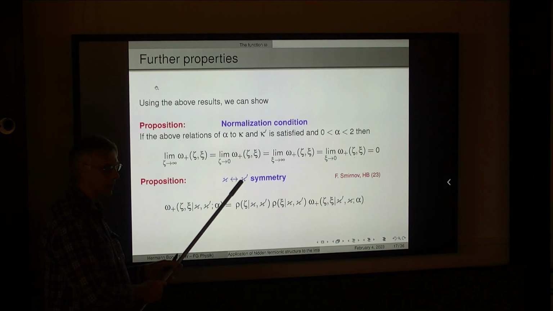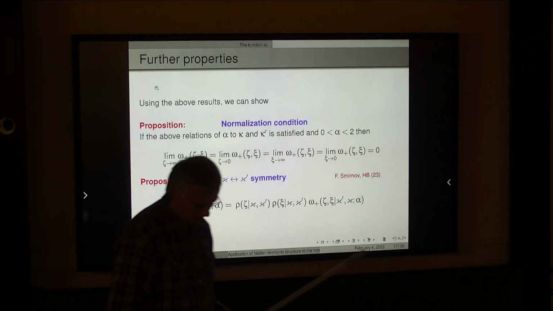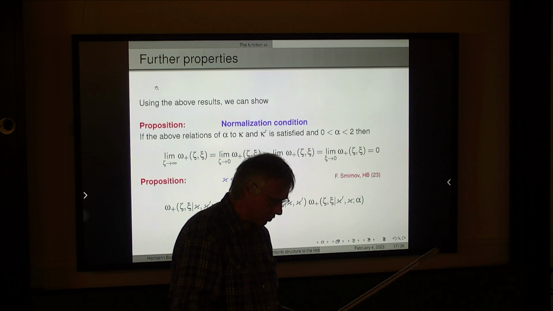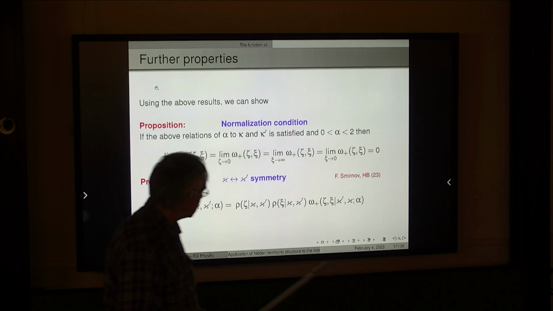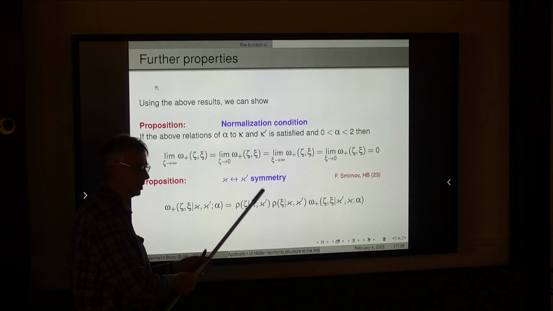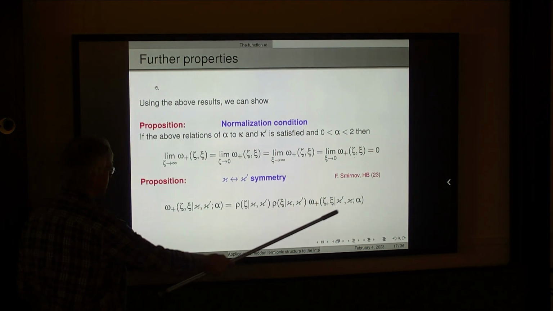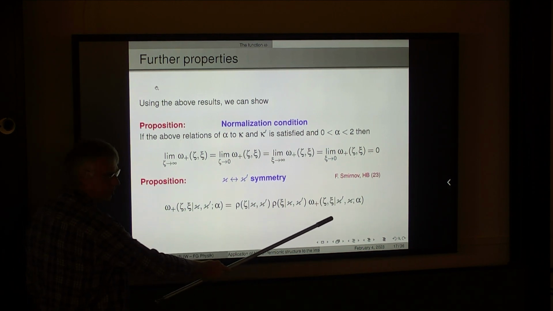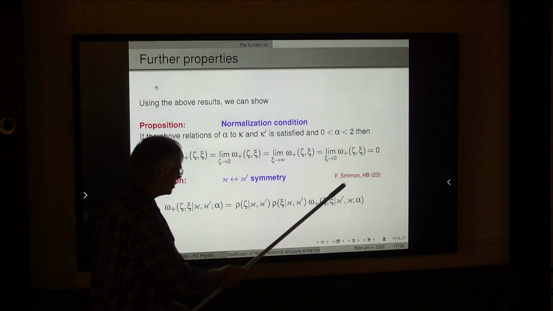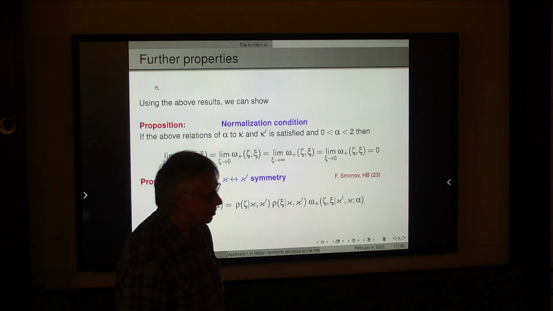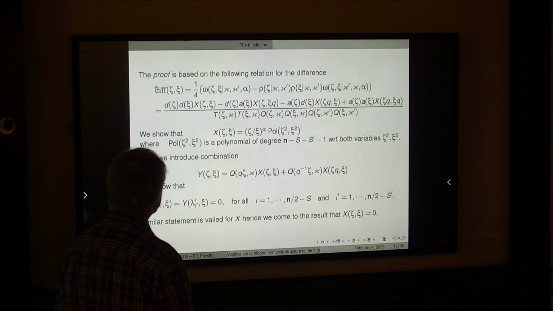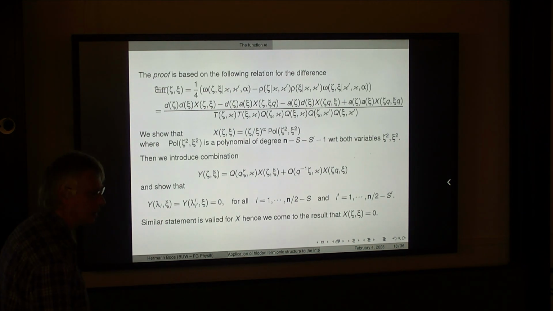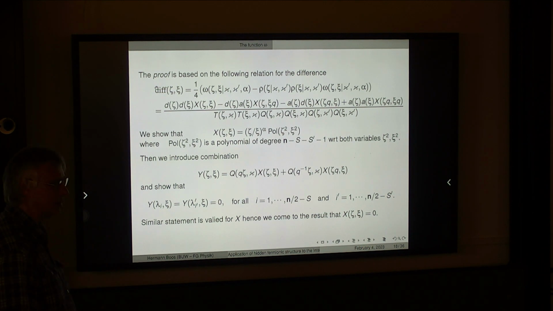This is kappa prime symmetry. I have to say, maybe I come to this point. We observed this property numerically, but now we proved it. And the statement is that the following relation holds. This is our paper with Fedor, in preparation. Work in progress. Maybe I have to skip the proof. If somebody is interested, we can discuss it.